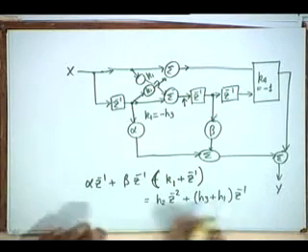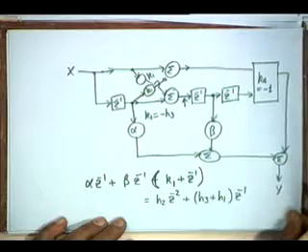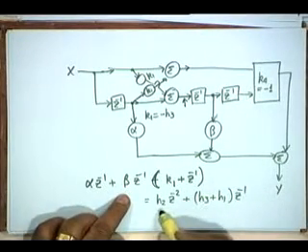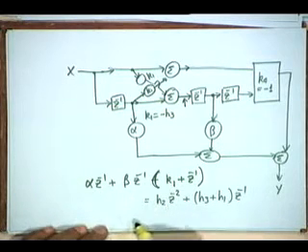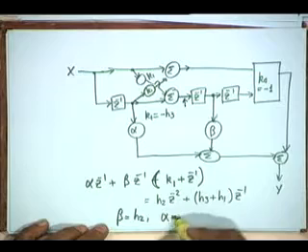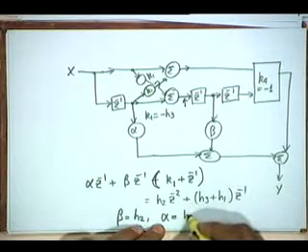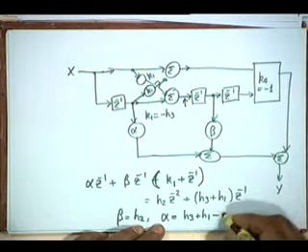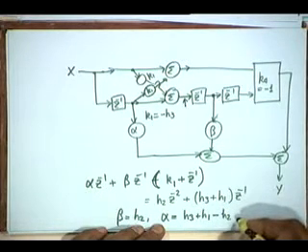Agreed? Now match the coefficients, and obviously beta should be equal to H2. That is right. Beta is equal to H2, and alpha should be equal to H3 plus H1 minus H2 K1.